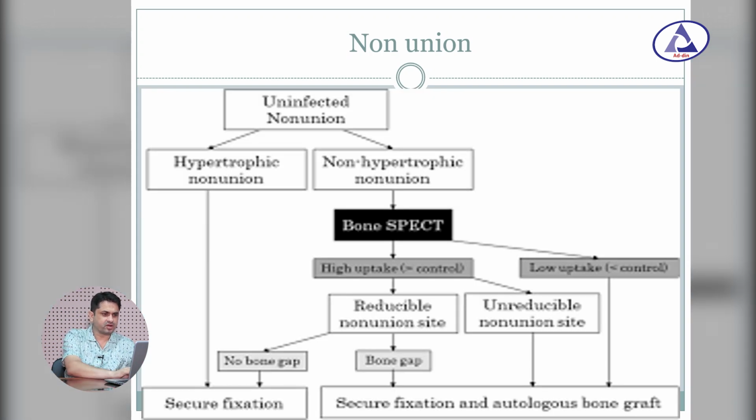Now this is the treatment of non-union. For uninfected non-union, there is hypertrophic and atrophic, or non-hypertrophic. We do investigation, then in the atrophic type, if the non-union site is reducible and there is no bone gap, we secure the fixation. If there is a bone gap, secure fixation followed by bone graft, either autograft or allograft.